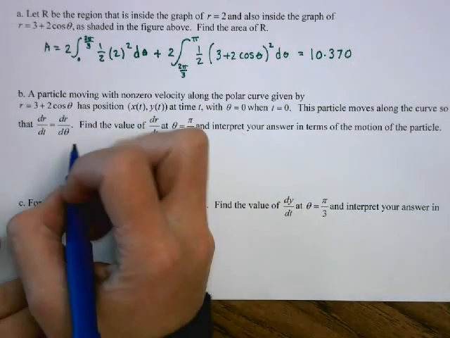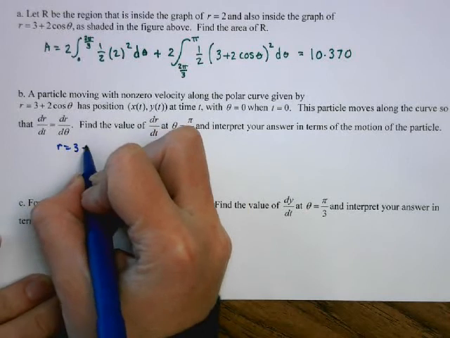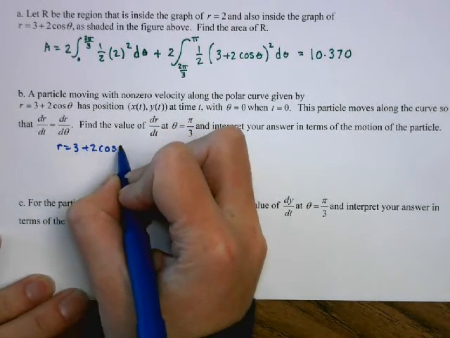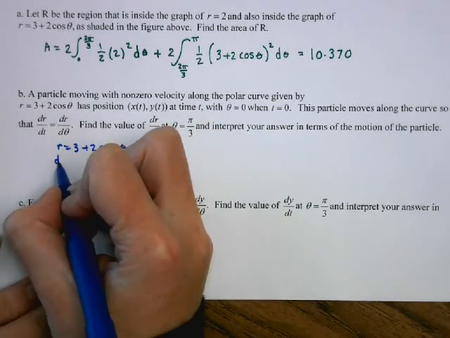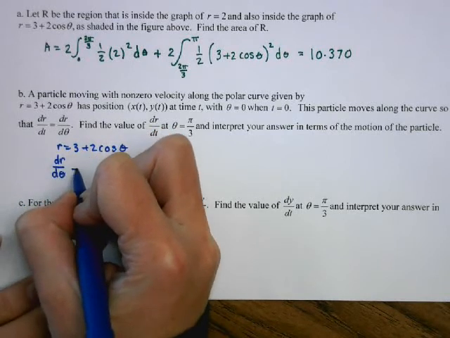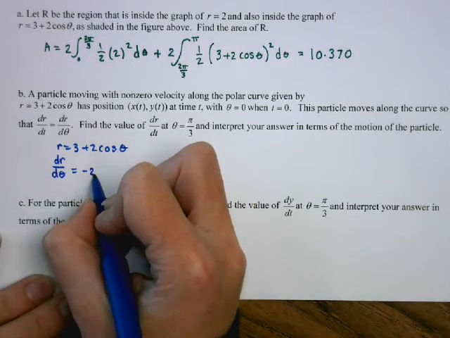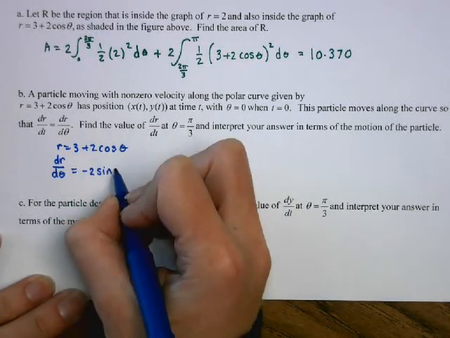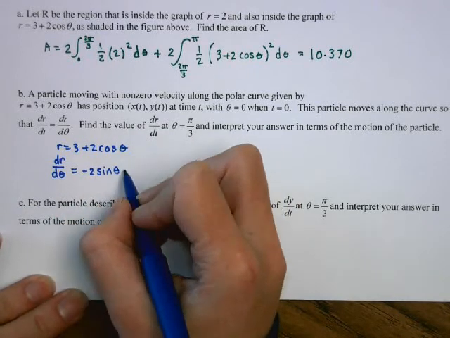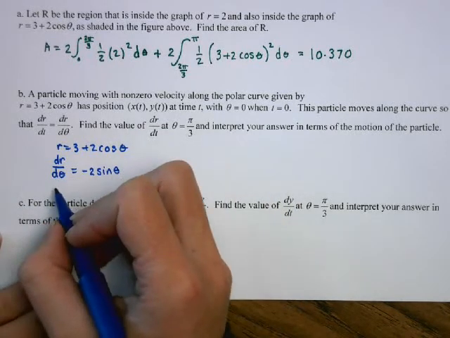So we have r equals 3 plus 2 cosine theta. So dr/d theta is just -2 sine theta. Evaluate this at pi over 3.